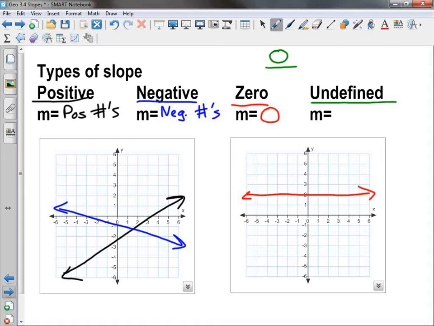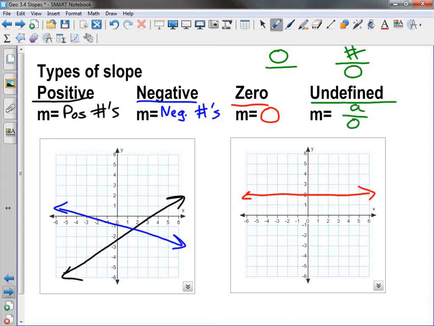But you still have a run, don't you? Undefined means that we have 0 for our run, but we have something on top. It could be 1, 2. It just has to be some number. Okay? So undefined slope is always going to have 0 on the bottom of a fraction, okay?